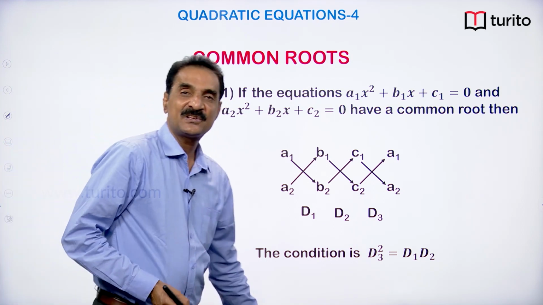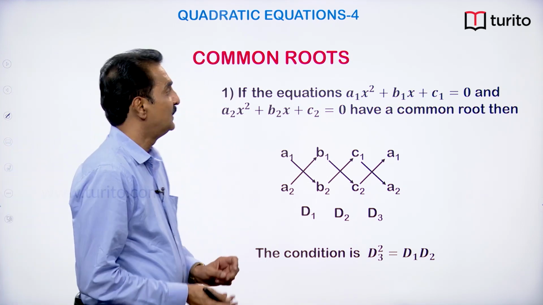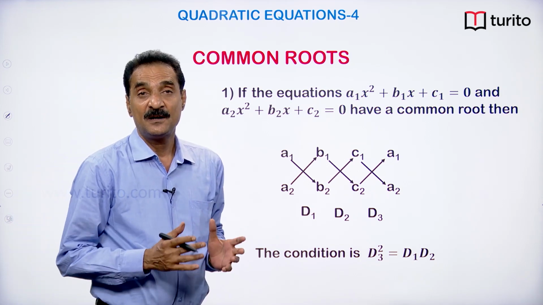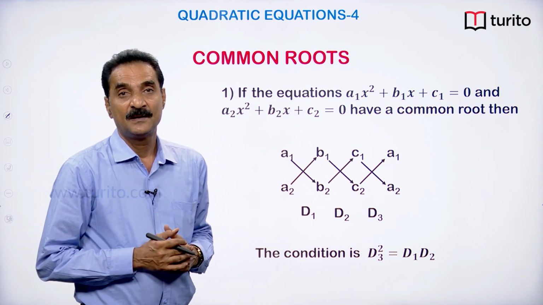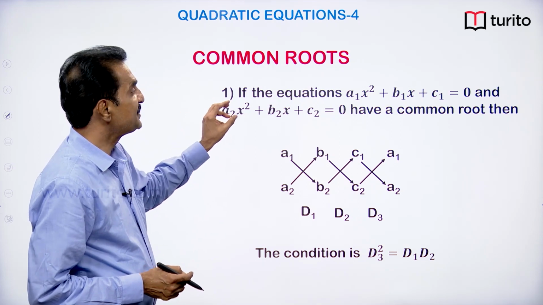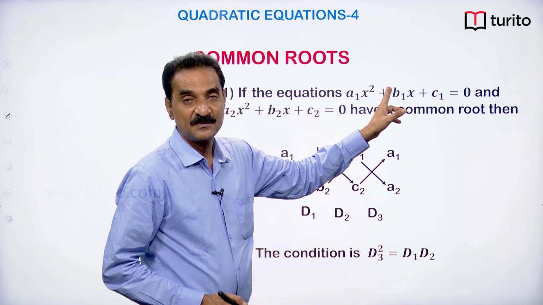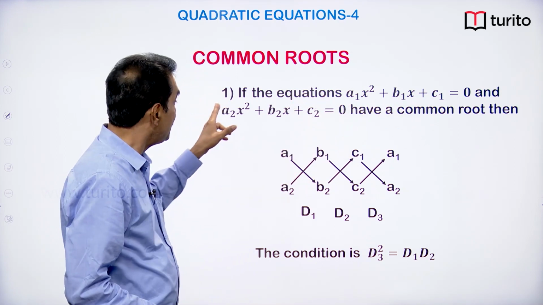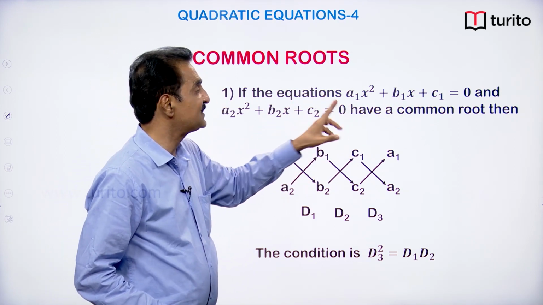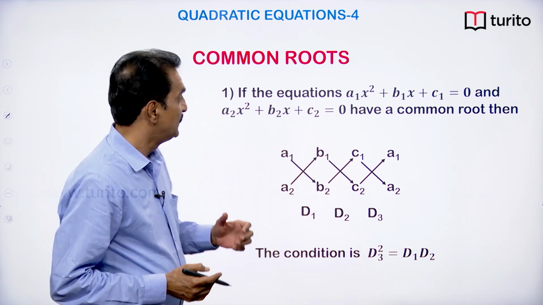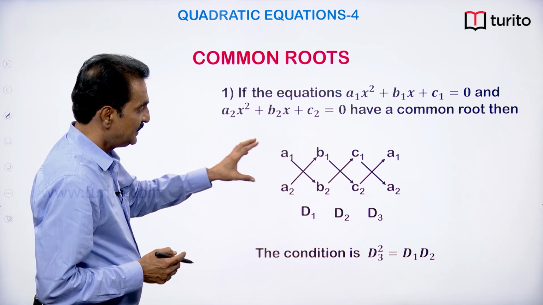Now we are going to discuss some more theory. Common roots. It is a very, very important area of this chapter. If the two quadratic equations a1x square plus b1x plus c1 is equal to 0 and a2x square plus b2x plus c2 is equal to 0 have a common root, then you have to remember this.